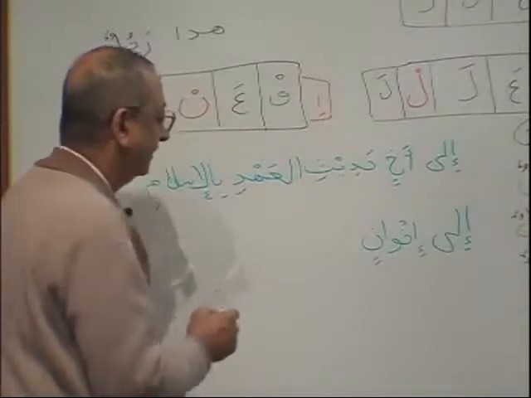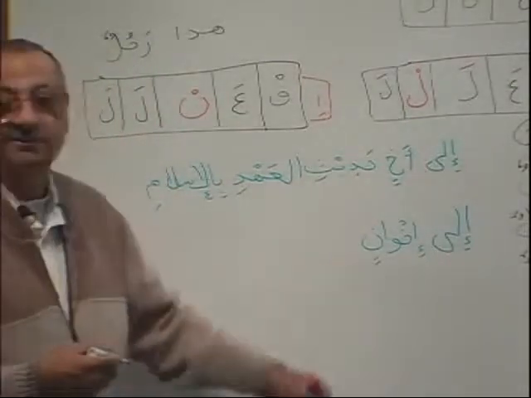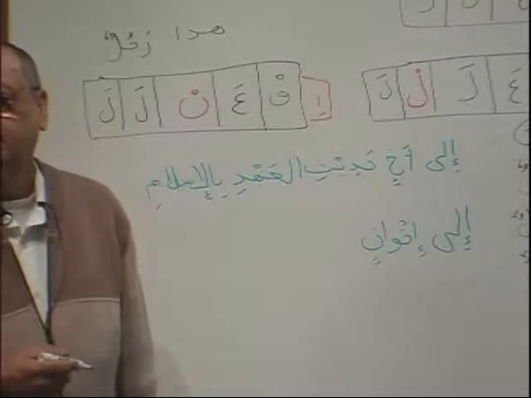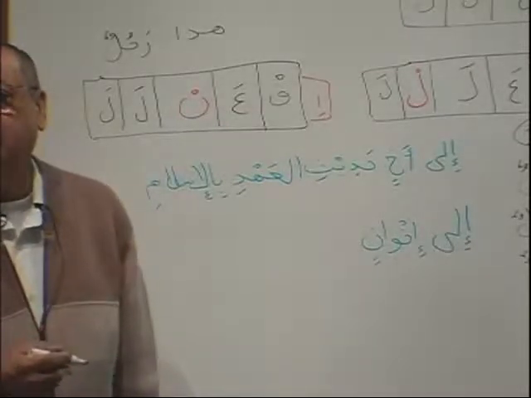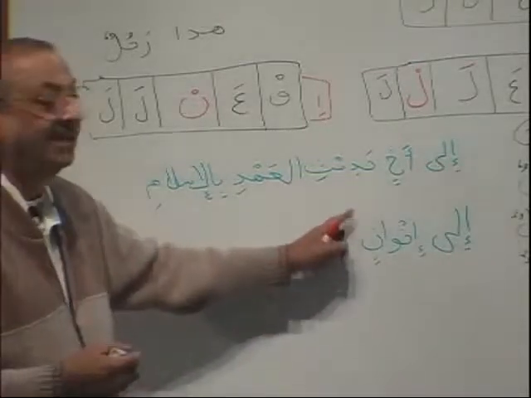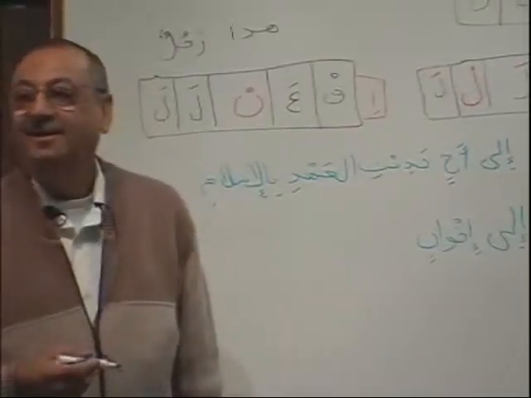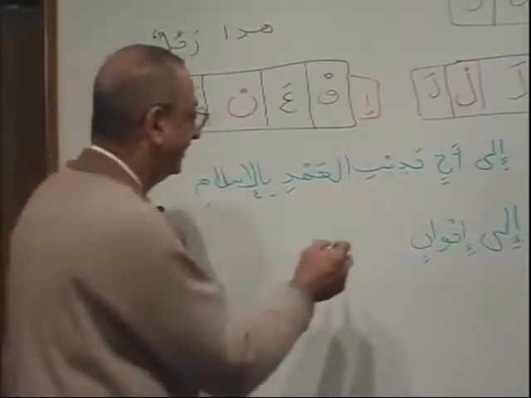So hadithin or hadithi now has to be jama. So make hadith into jama mudhakkar salim. So what will be? Hadithuna. Now make it majroor. Hadithina.